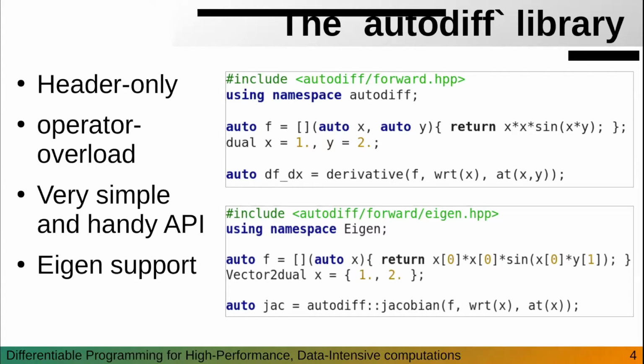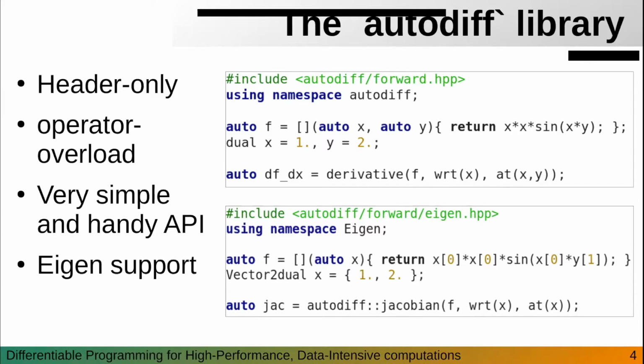And there we have API functions like derivative or jacobian, where you can pass any function object or lambda or anything which is callable with a call operator. Then you pass your dependent variable in this nice wrt function, and you pass the point where you want to evaluate the derivative, and then you're done effectively. I think that's a really nice interface and easy to use.